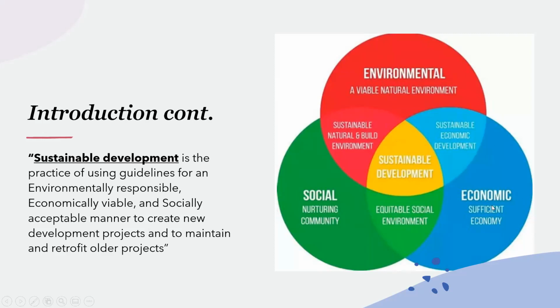If it is environmentally and economically viable, but not socially viable, then it becomes a sustainable economic development. If it is socially and economically viable, but not environmentally viable, then it becomes an equitable social environment. In order to have a sustainable development, we should make sure it is environmentally responsible, economically viable, as well as socially acceptable. This is how we basically define sustainable development.